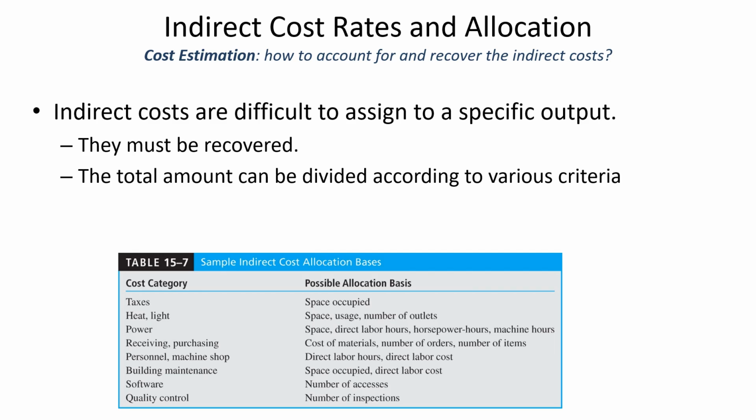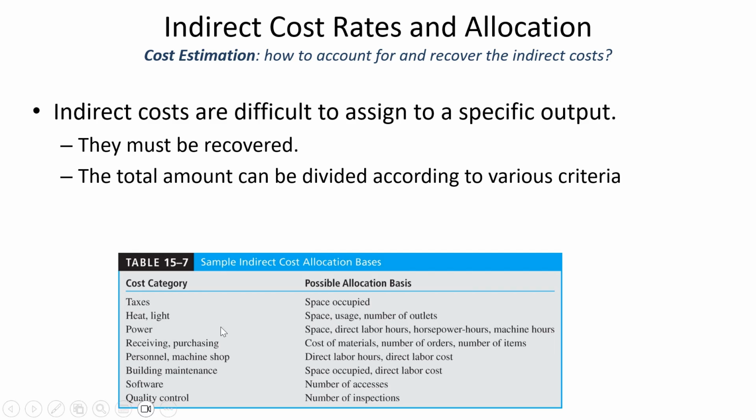So for example, if a manufacturing operation is making both cell phone cases and also fidget spinners, if the cell phone cases take up a lot of floor space in the factory, but the fidget spinners only take a really small footprint in the factory, then when it comes time to pay your property taxes, it would make sense that the fidget spinners shouldn't cover the same amount of the indirect cost as the equipment that's used for production of the cell phone cases.